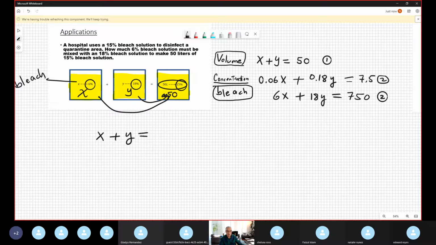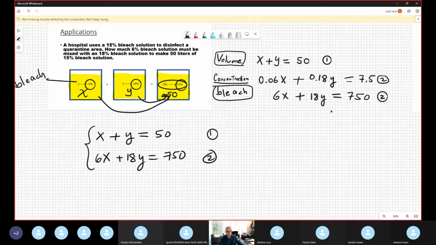We are focusing now on the algebra part. I want to copy the equations again. Look at the organization. It's important. You put the equations in a standard form. What does standard mean? Equation 1, equation 2. This is a system I want to solve. Standard is when you have ax plus by equals c. You organize in this format.